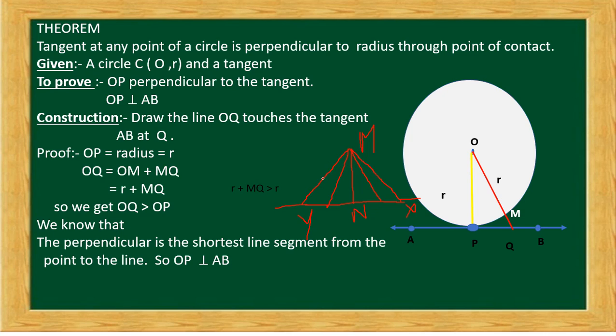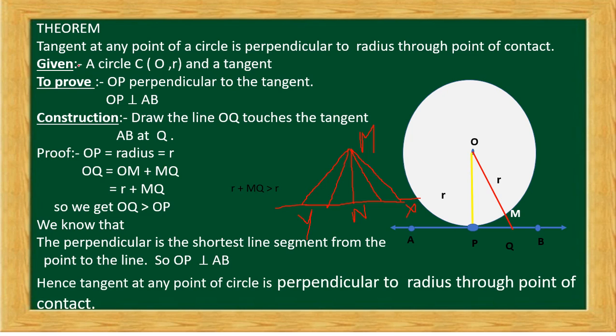In the same way, here we get that this line OP is the shortest distance among all the points on the tangent AB. So we can say that the perpendicular is the shortest line segment from the point to the line. So OP is perpendicular to AB, and we can say that the tangent at any point of a circle is perpendicular to the radius through the point of contact.